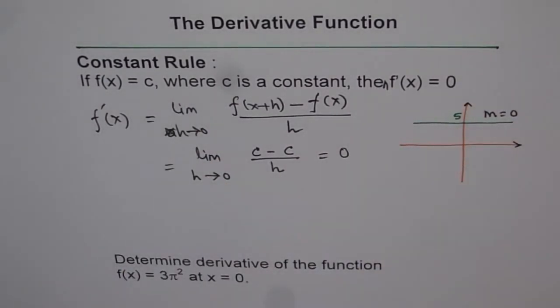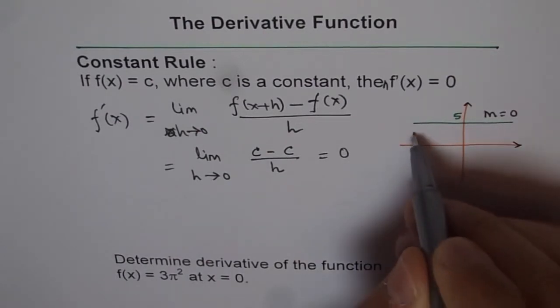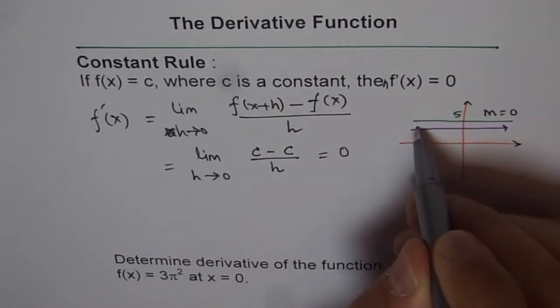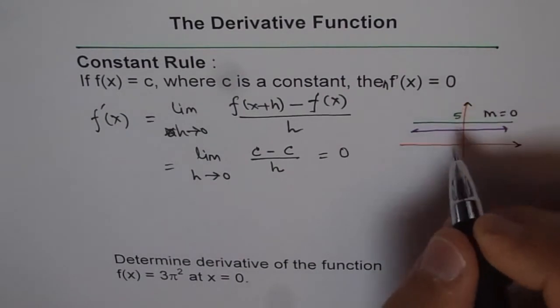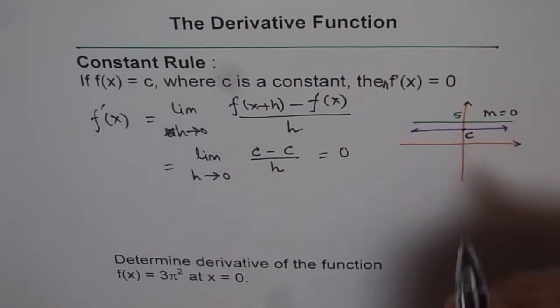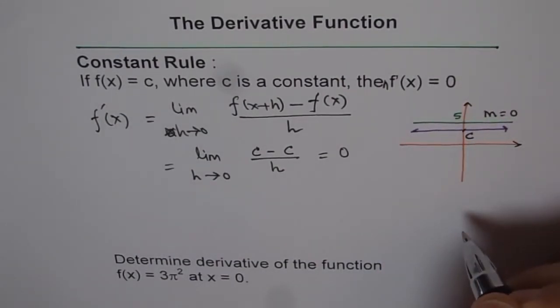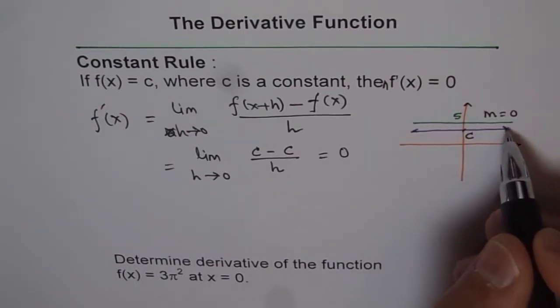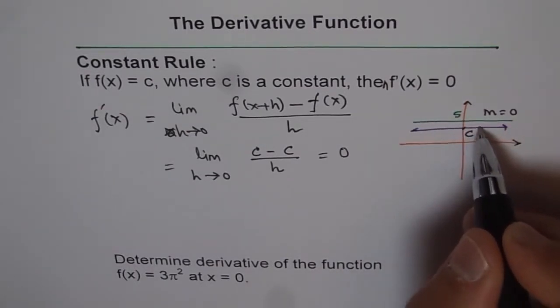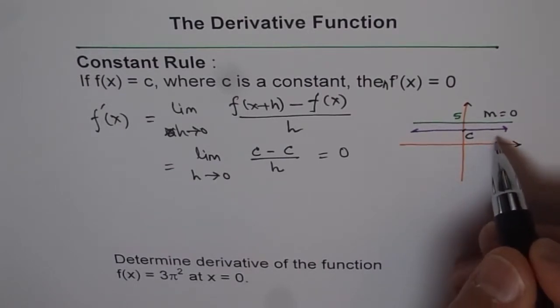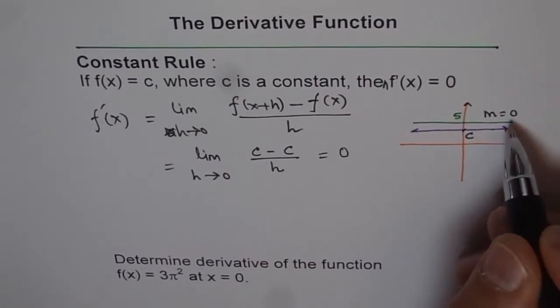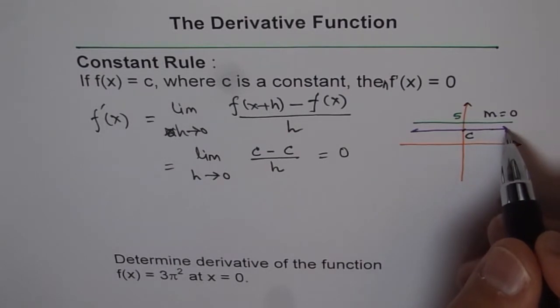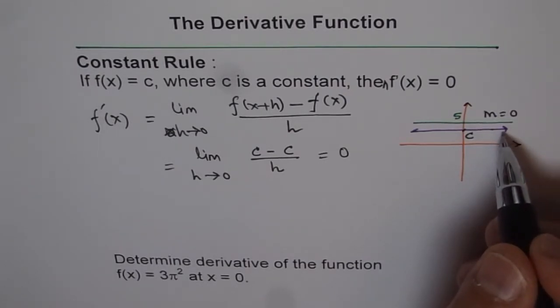So if we have another line, which is a horizontal line, where this value, y-intercept, is c. C could be any real number. As you can see, change in y is 0 for any change in x, and therefore the slope is going to be 0, right? Or rate of change is going to be 0, or derivative will be 0, correct?